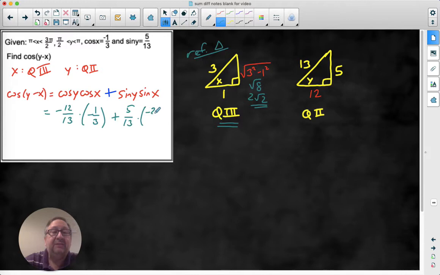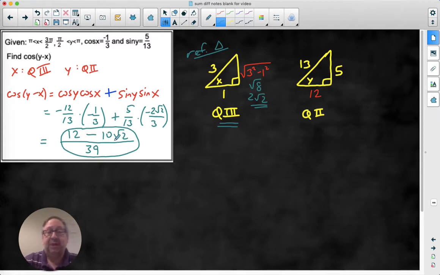So negative 2√2 divided by 3. And as seems to happen every time, common denominator here, 39. I get negative 12, negative 1, so it's 12 minus, looks like 10√2. And there's nothing we can do about that. We're done. That's our exact answer. Obviously, with a calculator, we could play around with that.